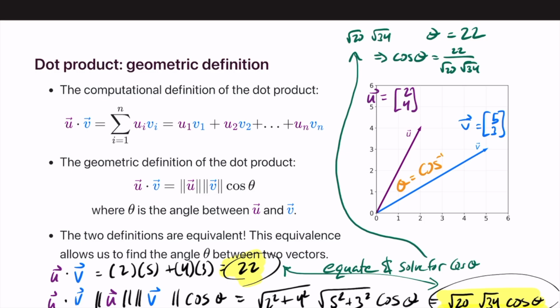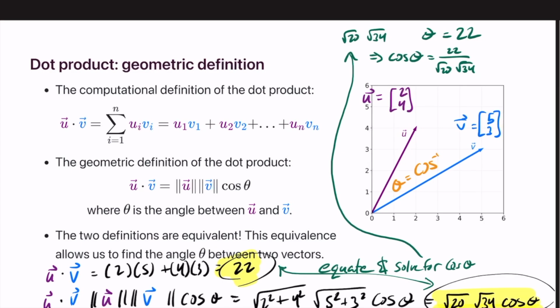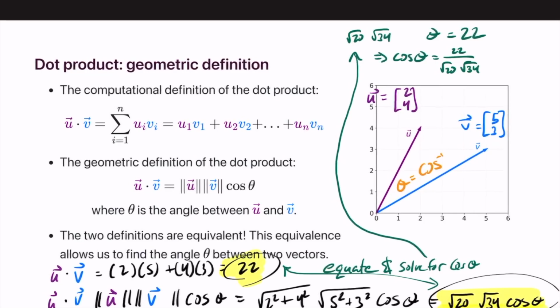So we could turn this into 22 over 2 root 5 root 34. The 22 becomes 11 and the 2 goes away.